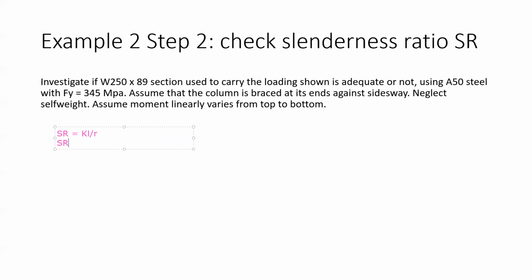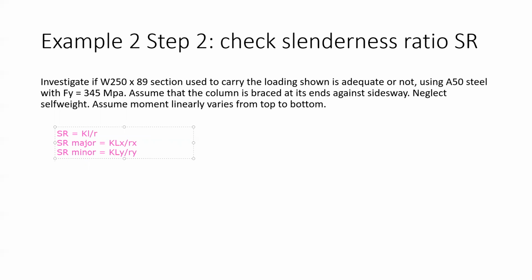If it's the slenderness ratio along the major axis, it would now be KLx over rx. If it's along the minor axis, that would now be KLy over ry.